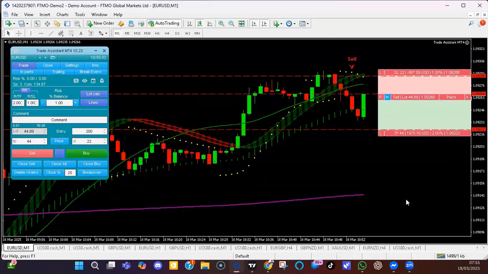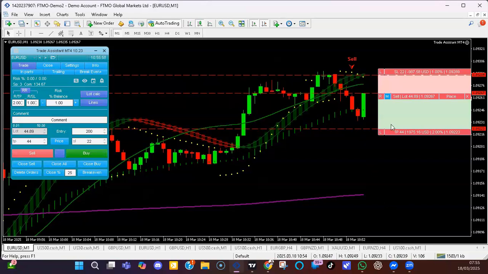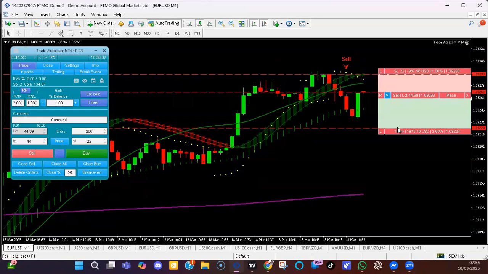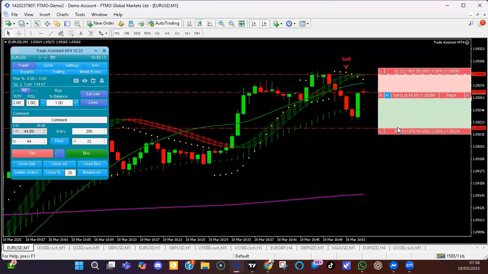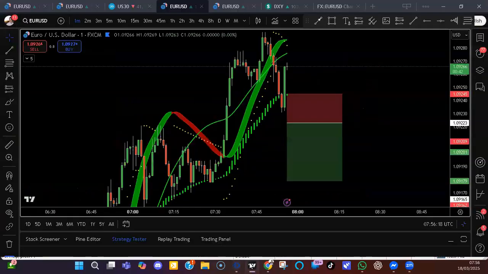As you can see, we were heading down nicely, but we've got into a little bit of sideways movement, consolidation, which is not a surprise. But we are in the sell zone. I'll quickly put it on TradingView, put it on the 5 minute time frame.